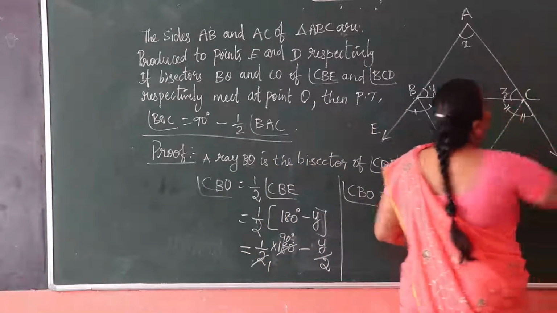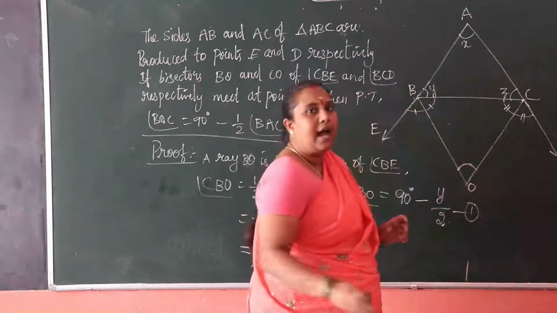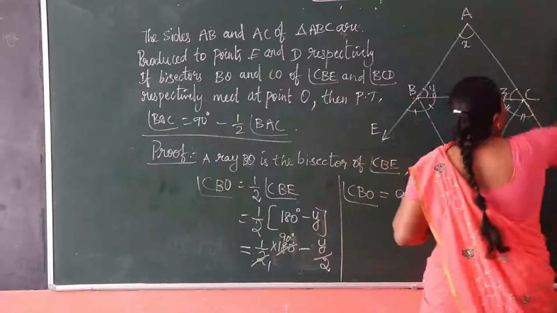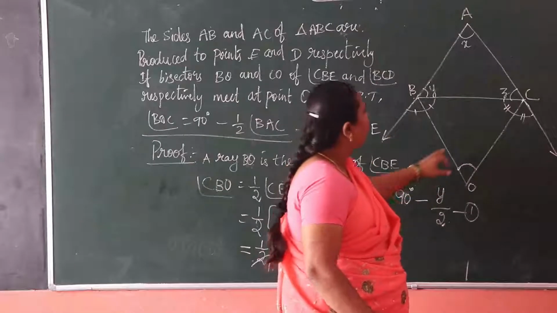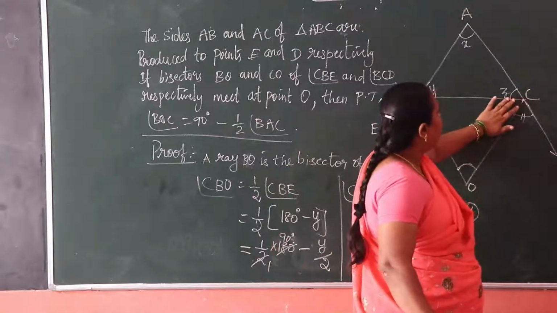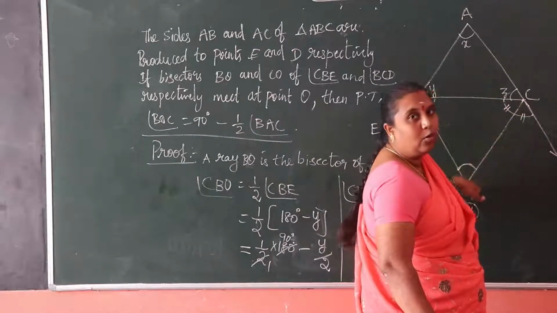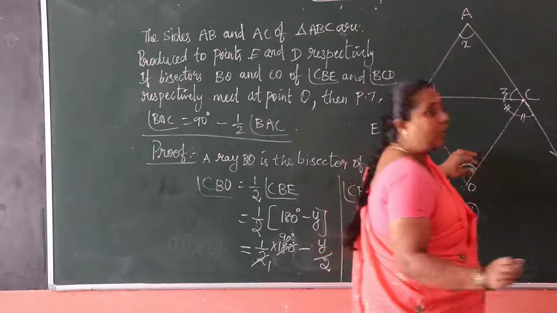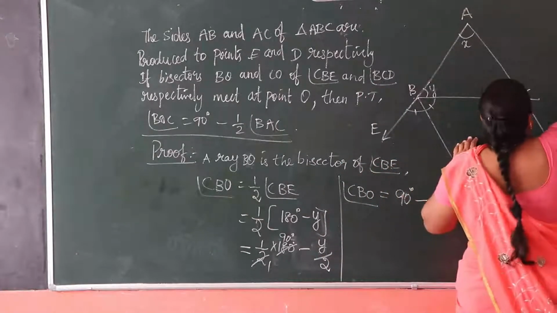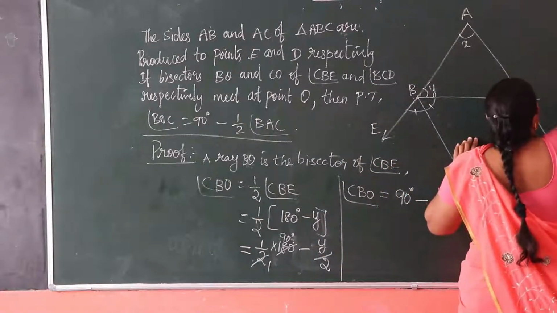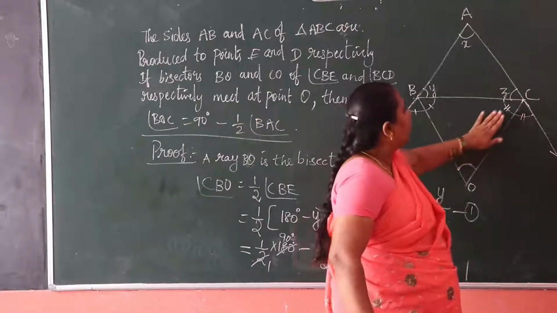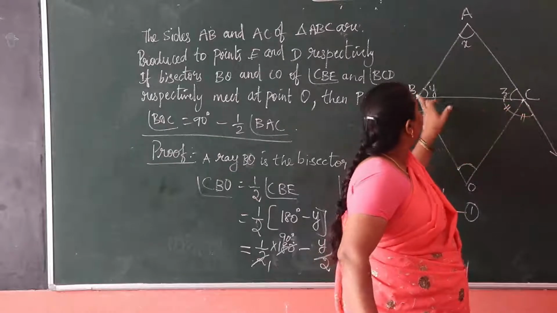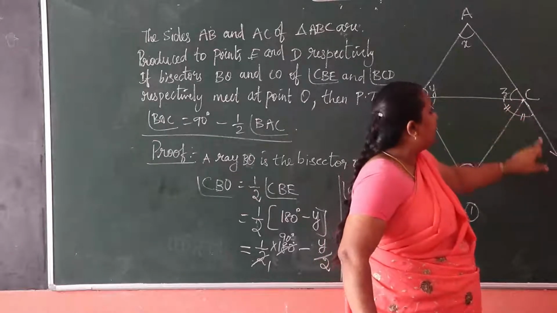So next we move on to the another angle. Now we can find out angle BCO. Angle BCO equals half of angle BCD.